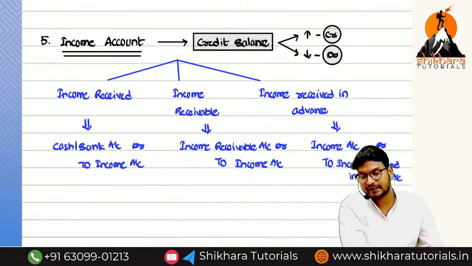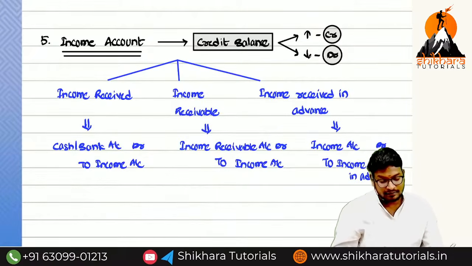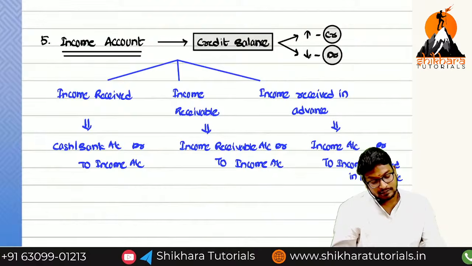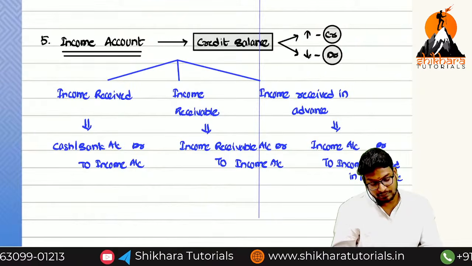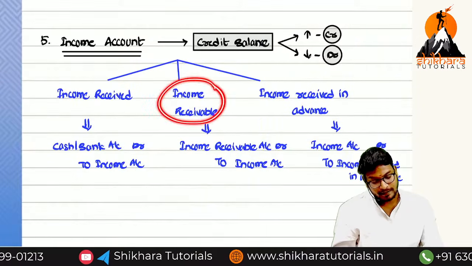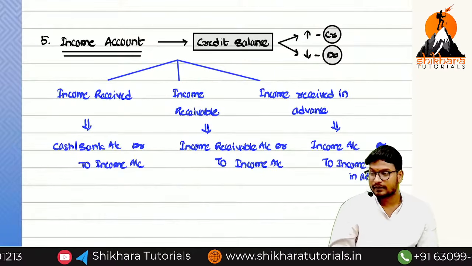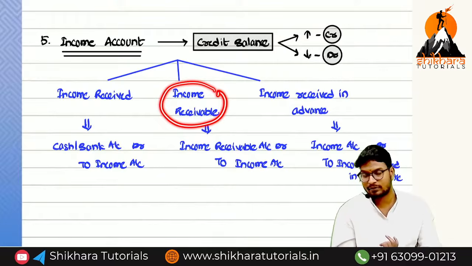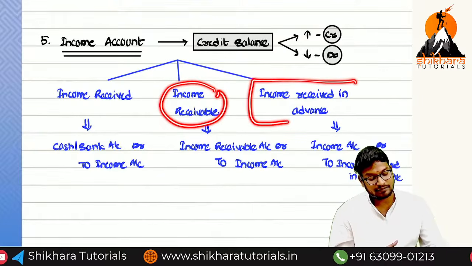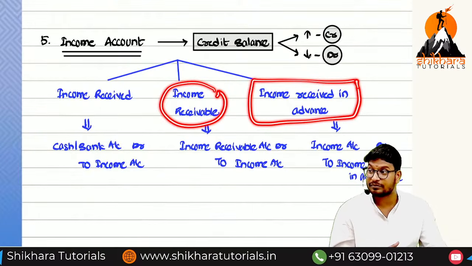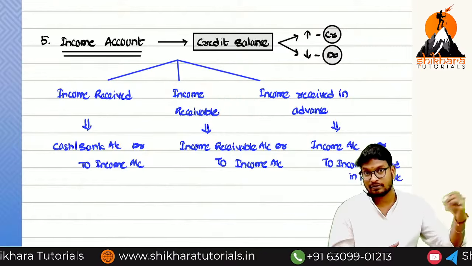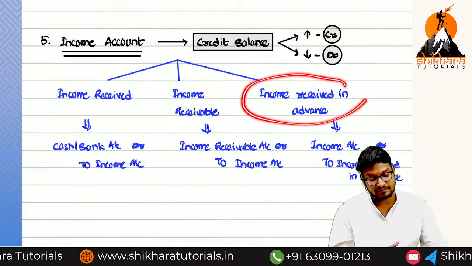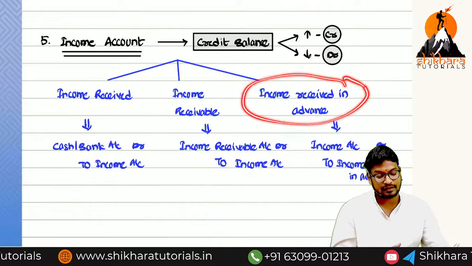So now we can easily prepare it. Does this receivable belong to the current year or next year? Current year. So this income receivable in the current year belongs to the current year. Income received in advance happened in the current year but belongs to which year? Next year. What do we have to do?